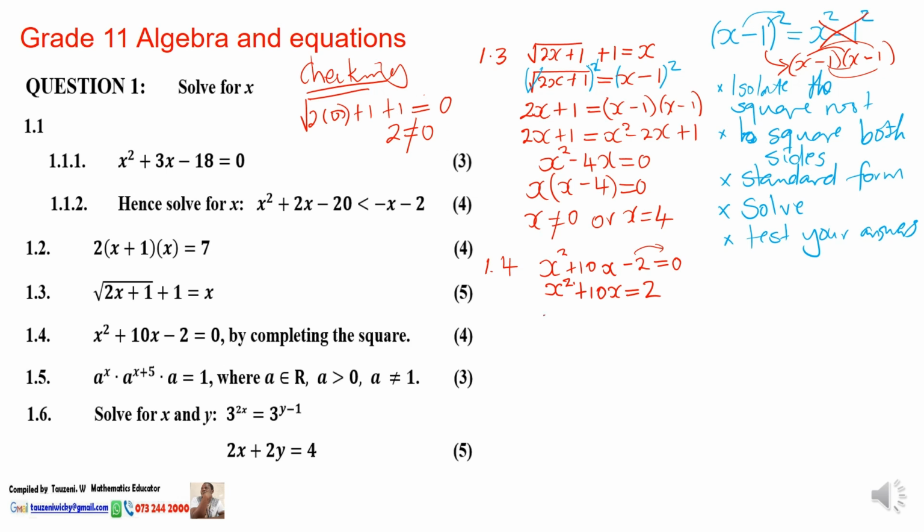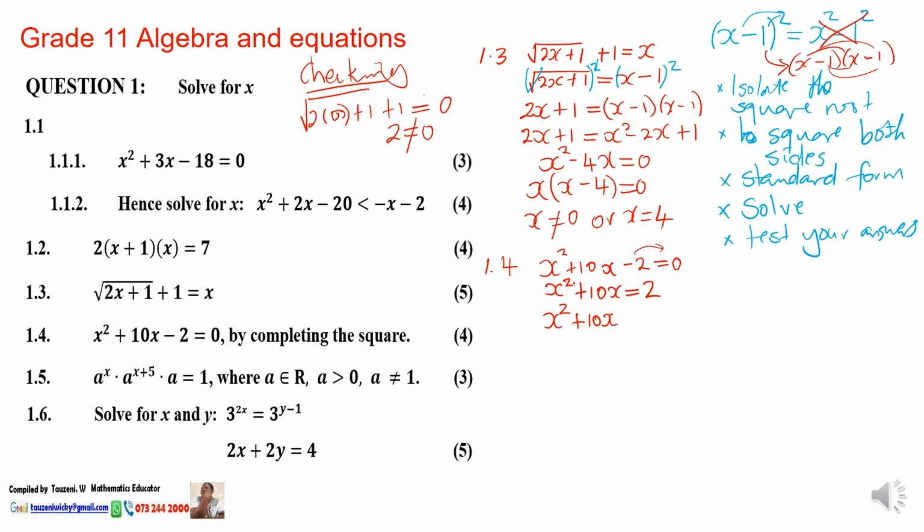Then secondly, you divide the value of b. You divide the coefficient of x by 2 and square the answer. So if I say 10 over 2, I get 5. Then if you square the 5, you get 25.